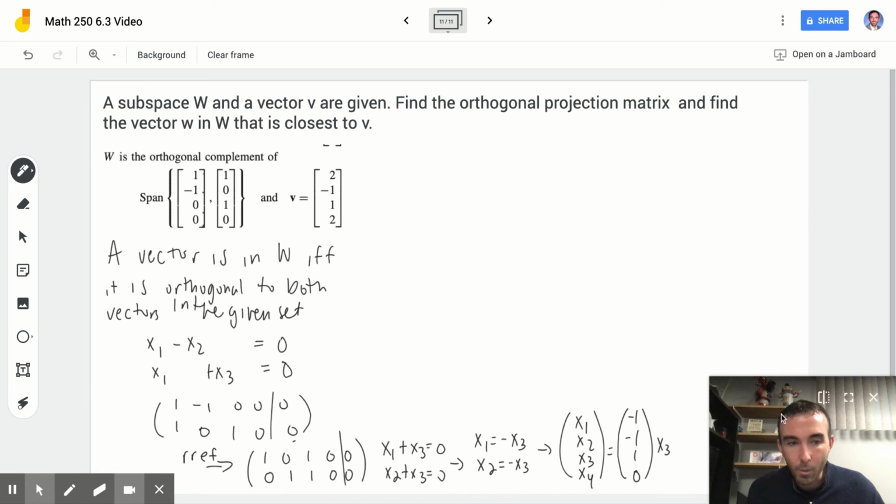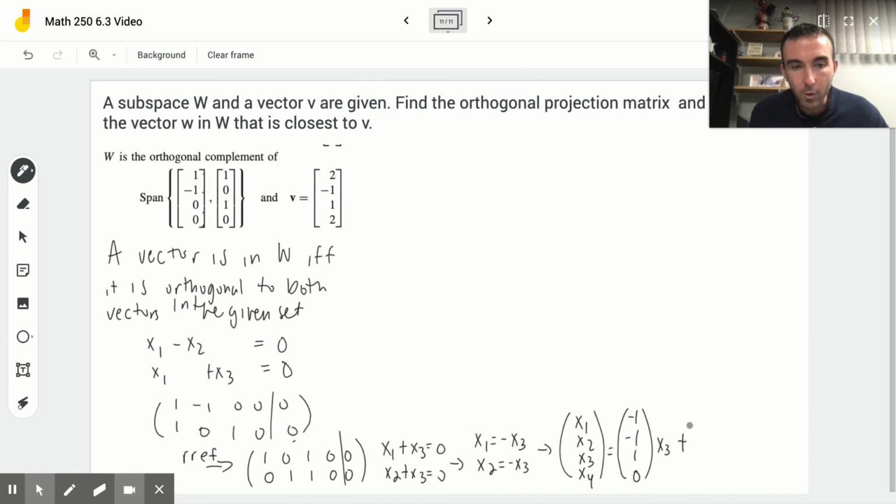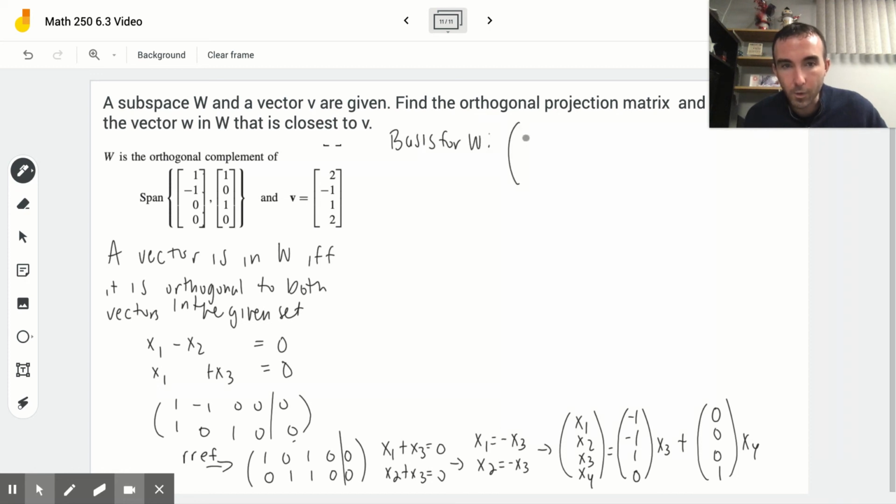For x4, I have nothing at all, so that'll just be a bunch of zeros and a 1. So a basis for the orthogonal complement can consist of these two vectors here. And you could check if you're interested, these vectors are indeed orthogonal to the given ones.